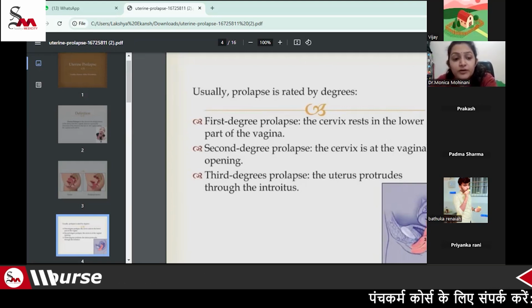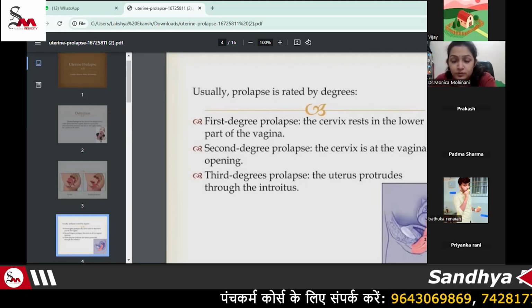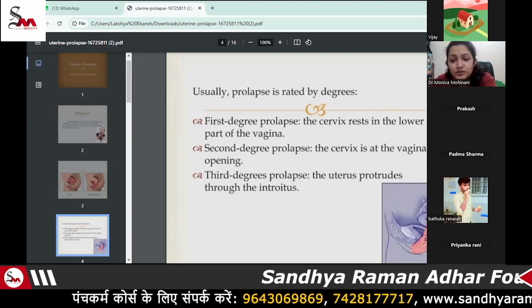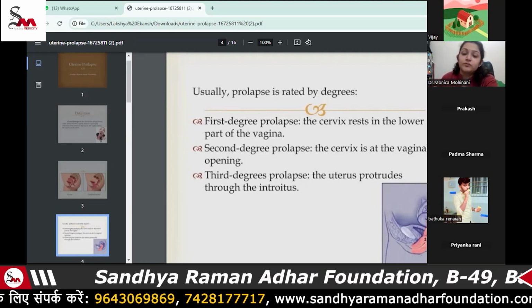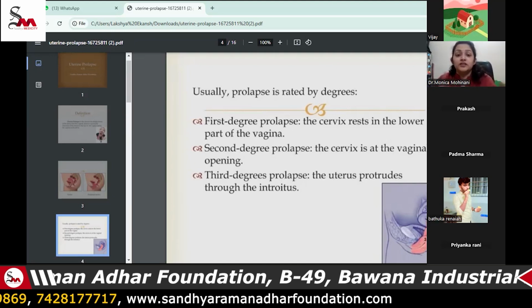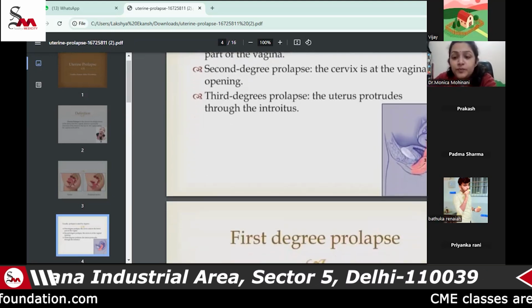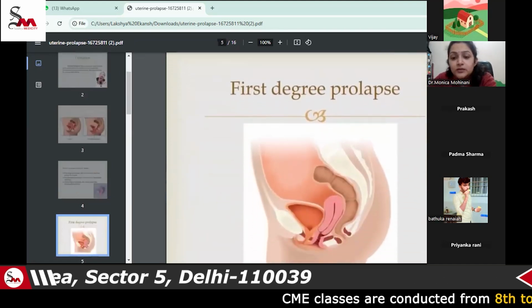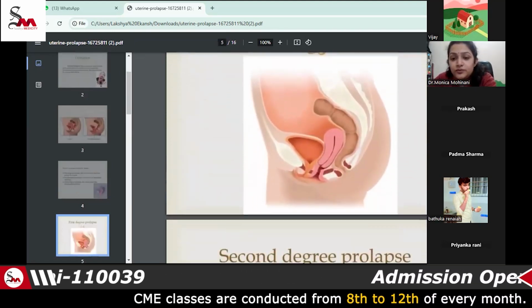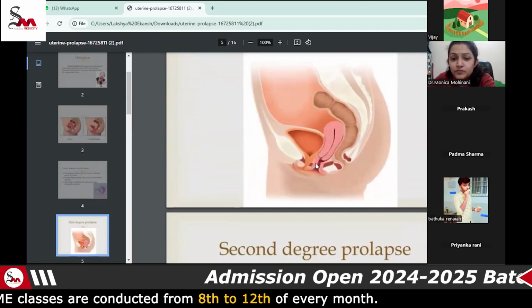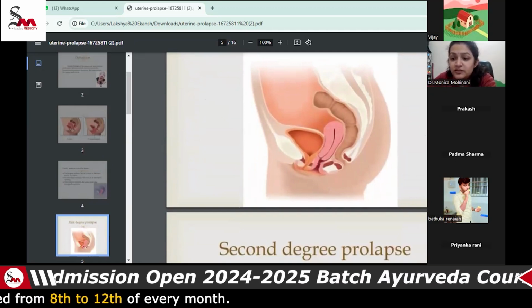The patient may complain of a feeling of obstruction, of urine or otherwise, or a feeling of something coming out. In second degree prolapse she can feel it, and in third degree it is clearly visible. So here is the first degree prolapse: the cervix is within the vaginal cavity.